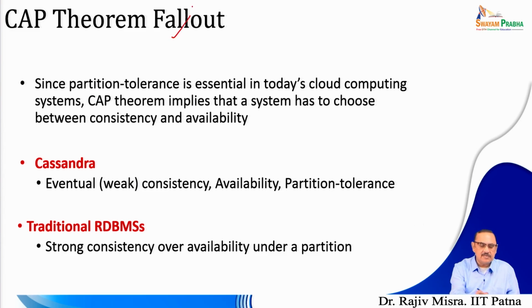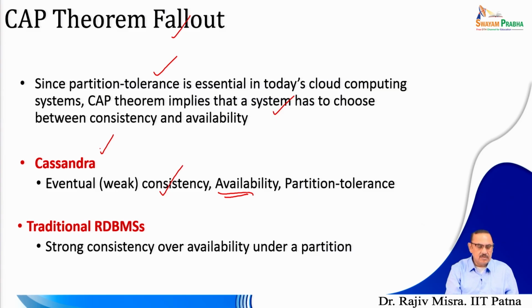Since partition tolerance is essential in today's cloud computing and edge computing systems, the CAP theorem implies that the system has to choose between consistency and availability. Now, let us see Cassandra. Cassandra chooses a weak form of consistency, that is, it chooses availability over consistency.